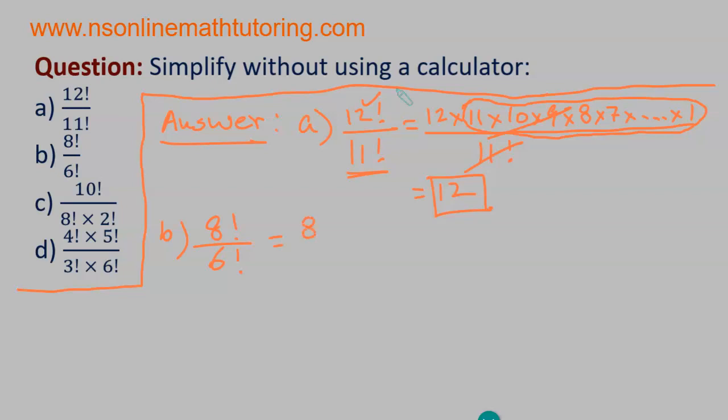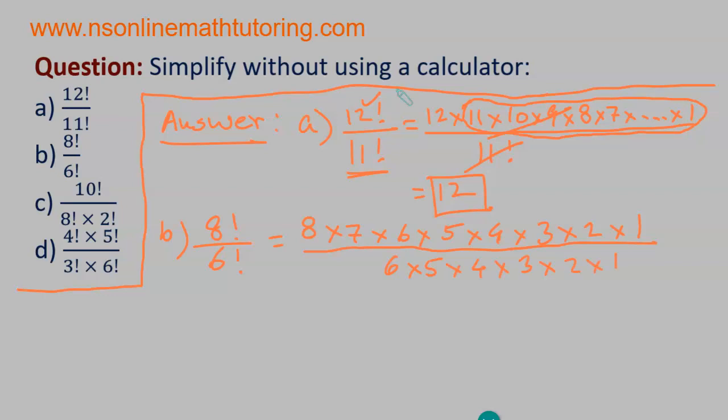What is 8 factorial? It is 8 times 7 times 6 times, or let me write 5, 4, I have space so I may continue, 3 times 2 times 1, and 6 factorial is times 3 times 2 times 1.